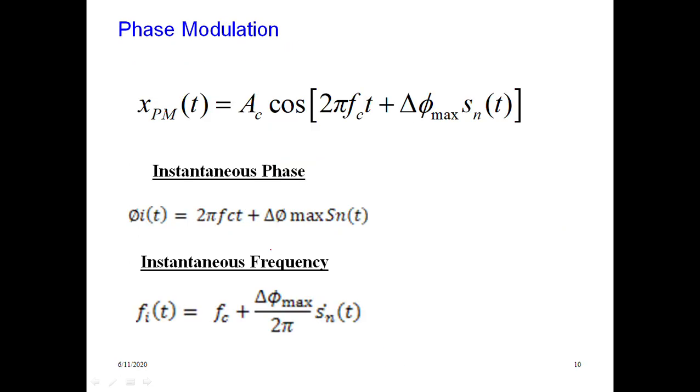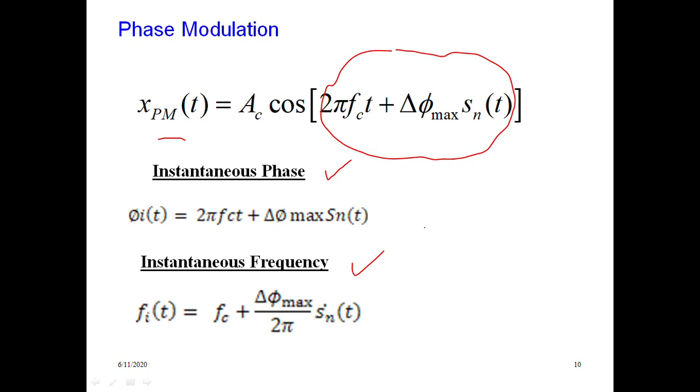So just now we looked at the equation for how to do phase modulation. For phase modulation, you have to remember that there will be an instantaneous phase and an instantaneous frequency. How to find the instantaneous phase? It will be 2 pi f_c t plus the phase term, so you just take this part directly. Then what is the instantaneous frequency?